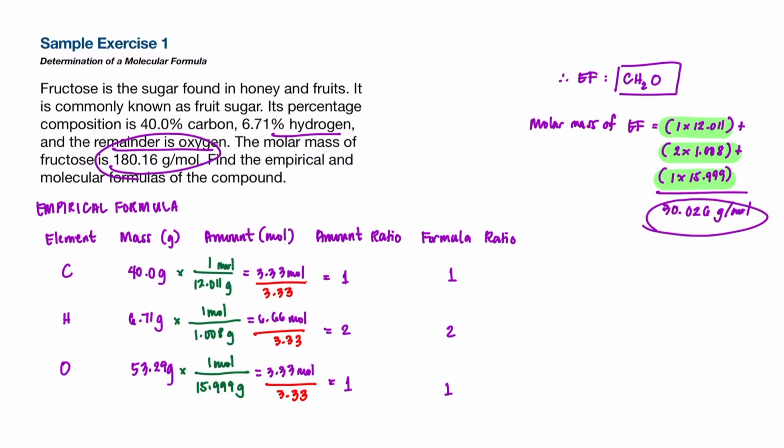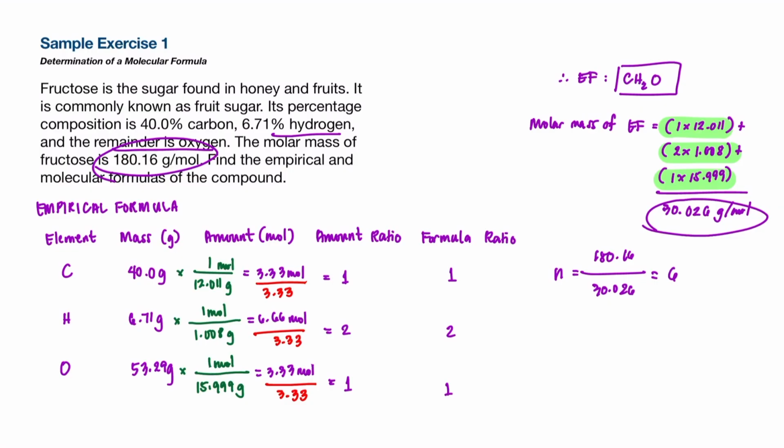Now that we have the molar mass of the empirical formula, and we also know the molar mass of the compound, which is 180.16 grams per mole, now we can get the value of n by dividing the molar mass of the compound by the molar mass of the empirical formula. And that is 180.16 divided by 30.026. And that would give us a whole number of 6.